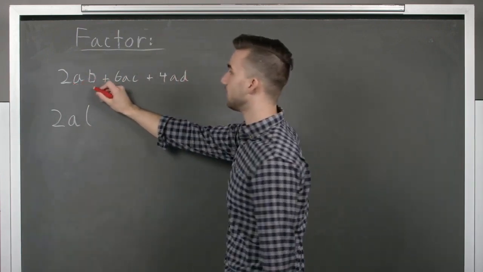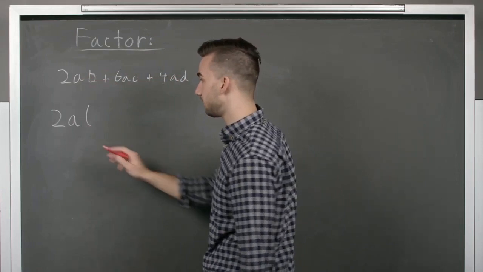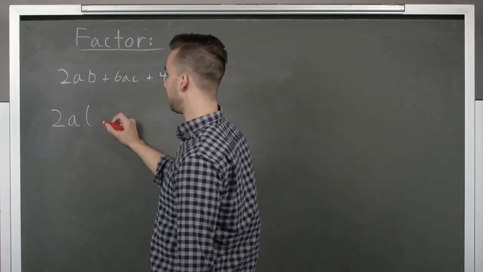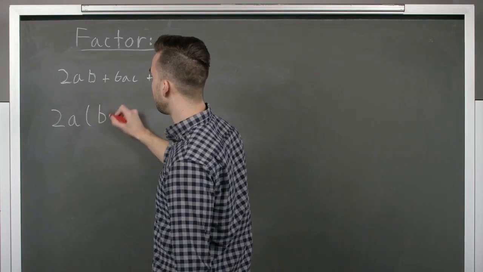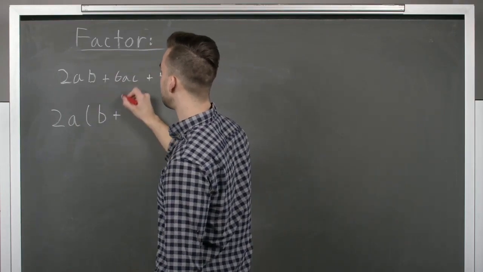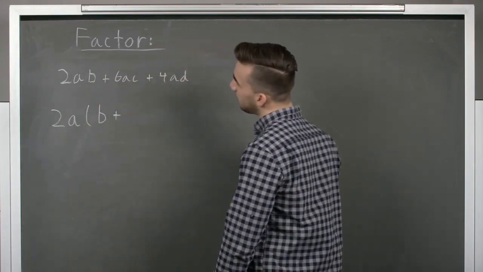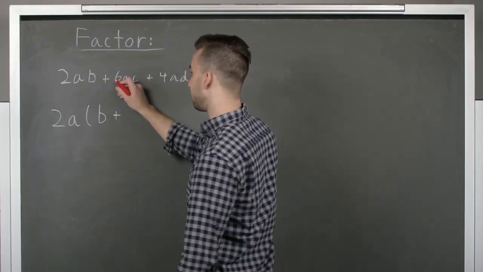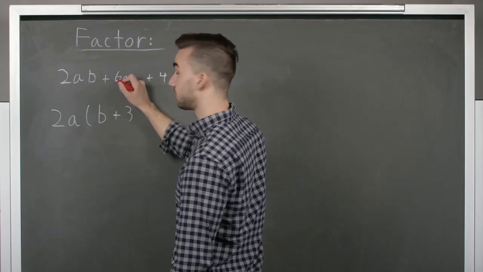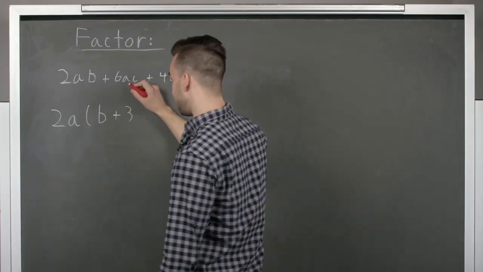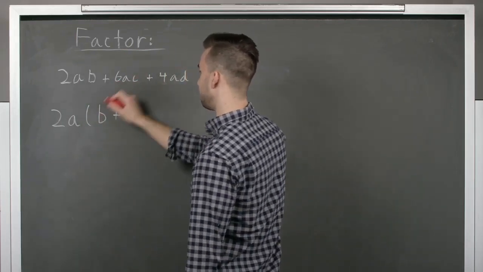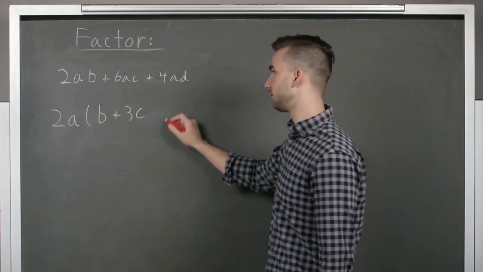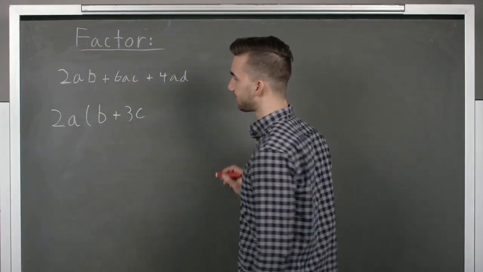So what is our first term divided by our common factor? 2ab divided by 2a is just b. Plus, what is this divided by our common factor? 6ac divided by 2a gives us 3, right? Because 6 divided by 2 is 3, and the a gets taken away because it's divided, so it just gives us 3c.